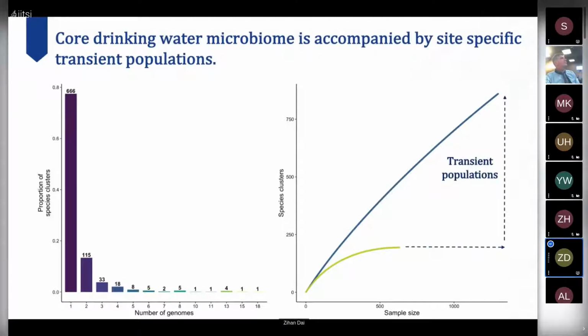We can see here the rarefaction curve based on all MAGs keeps going up, which indicates that additional species in the drinking water distribution system remain to be discovered. But they are probably rare members of the drinking water microbiome, because the rarefaction curve based on MAGs without singletons starts to hit the saturation point.